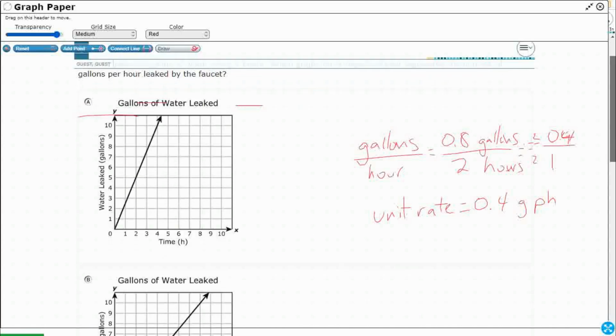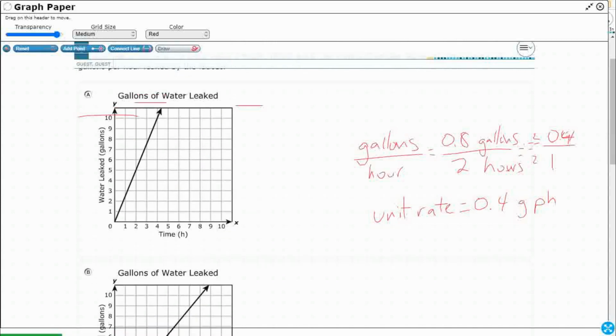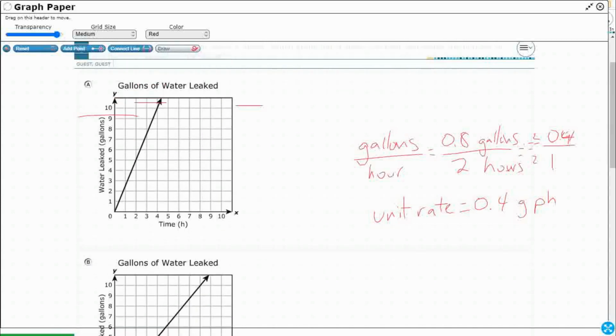So let's see, I'm going to move that right there. All right, so take a look at this A. So here's the hour. So really, if I'm wanting to look at the unit rate, look at that 1 hour right there, okay? Look at where it crosses that. That looks like about 2.5.